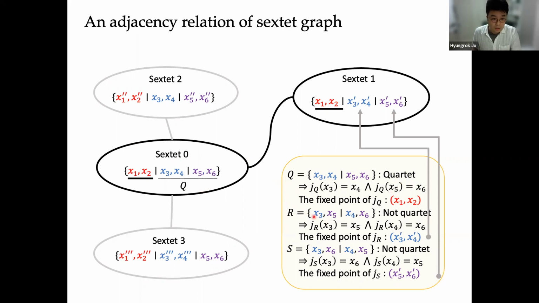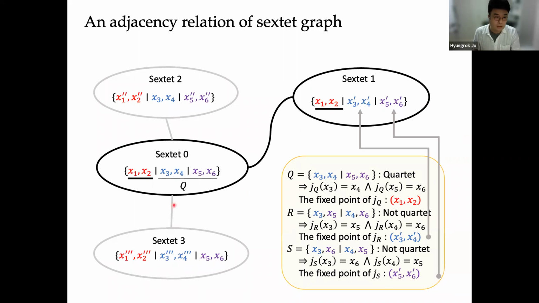But the other combinations R and S are not quartets. So we want to find this kind of quartet by defining each involution, and we figure out the fixed points of this involution. And there are new duets, and amazingly these consist of a sextet.